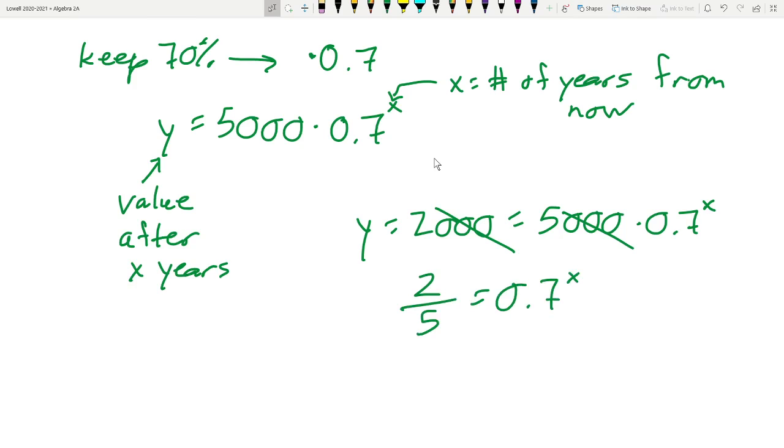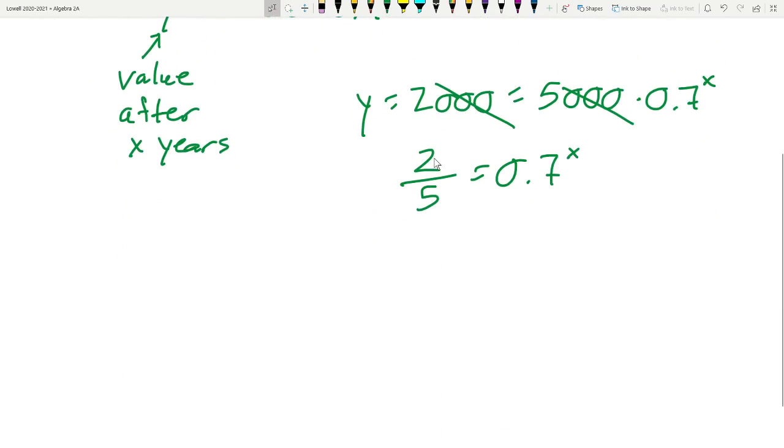This is where the logarithms come in, because we have the base and we have the final answer, but we don't know what the exponent is. That's what the logarithm tells us: what exponent do we need to get from 0.7 to 2/5. There are a couple of ways to do that.